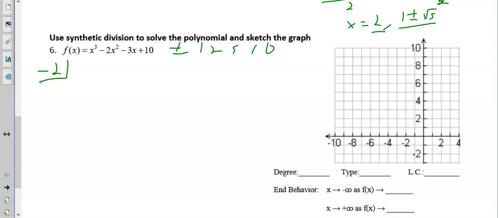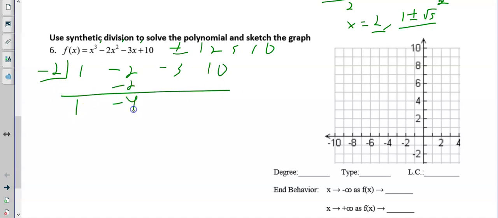And you'll see why in a second. So we have a 3, a 2, a 1. So 1, -2, -3, and 10. We're good to go. Drop the 1, multiply by -2, add straight down, multiply by -2, add straight down, -10, 0. That's x squared minus 4x plus 5.